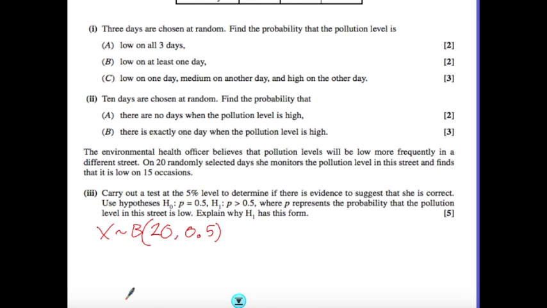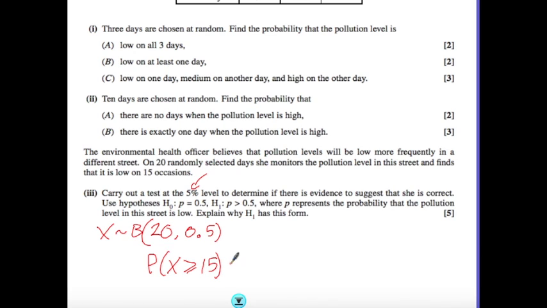So what we're going to try and work out is, what's the probability that this just happened out of randomness? And if that's lower than 5%, that's when we'd reject the null hypothesis and say, right, something is up, something has changed. So let's work out the probability that this or something even better would happen. So the probability x is greater than or equal to 15.